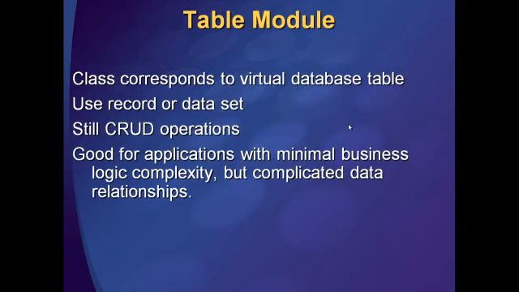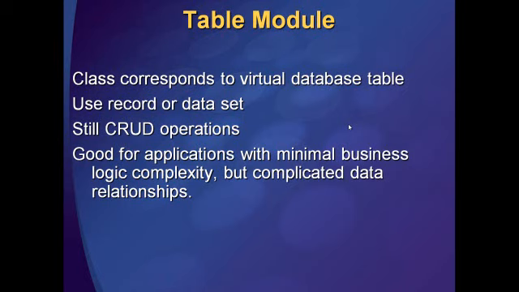Both the domain model pattern and the table module pattern use objects, but they use those objects in a very different way. If there's a direct correspondence between the tables in the relational database and the user actions, a table module pattern can be a very attractive approach. Every class corresponds to a virtual database table. By virtual database table, I mean some set of data.